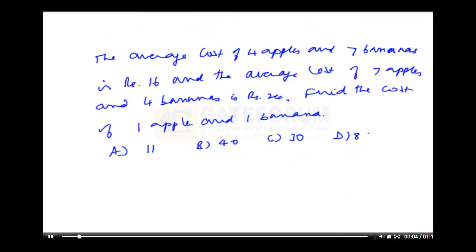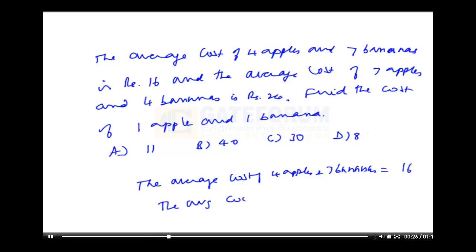The average cost of 7 apples and 4 bananas, rupees 24. Find the cost of 1 apple and 1 banana. So the average cost of 4 apples and 7 bananas, 16. The average cost of 7 apples and 4 bananas is 24.